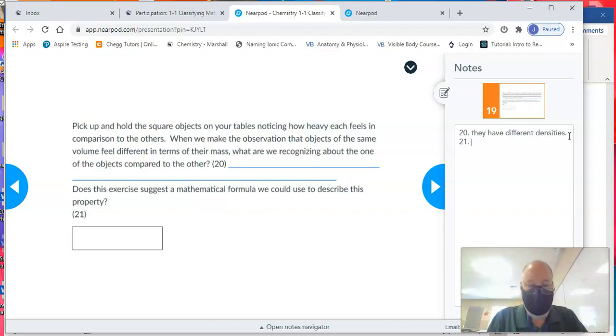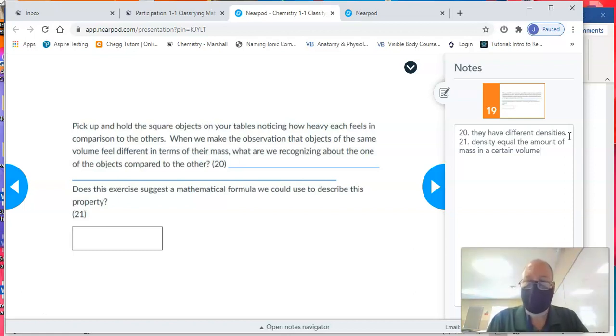The density equals mass, the amount of mass in a certain volume. The greater the mass in a certain volume, the more dense it is.